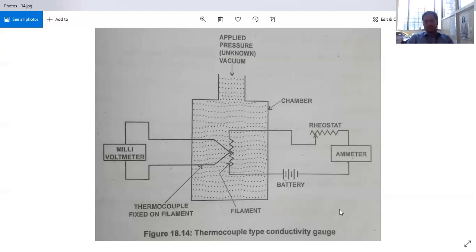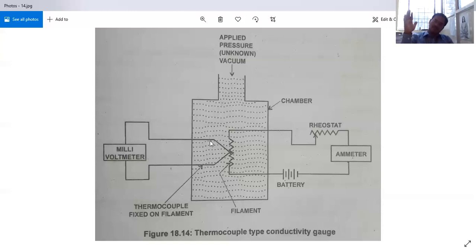Now, coming to advantages, they are rugged and inexpensive, the relationship between pressure and temperature is linear, and it is easy to use. See here, the temperature changes, and for the temperature change, the pressure changes linearly.